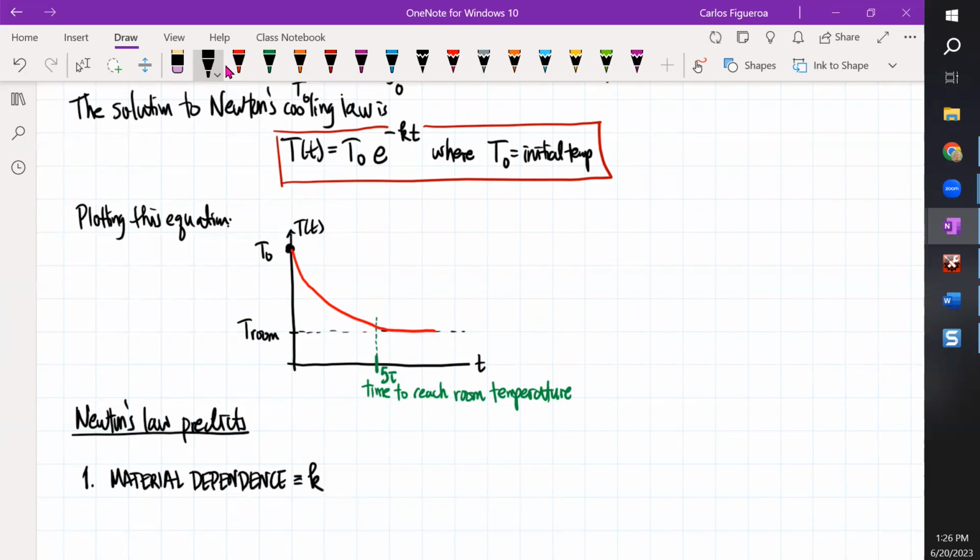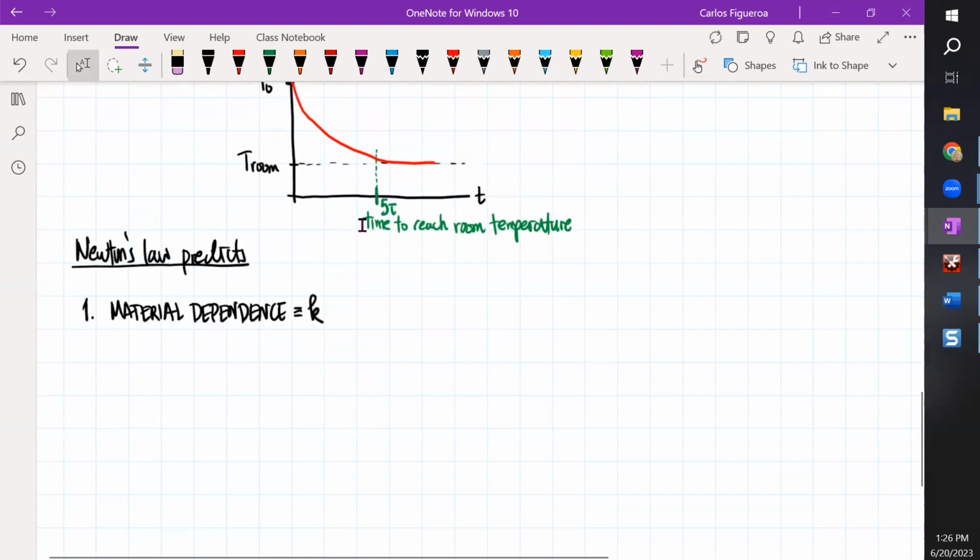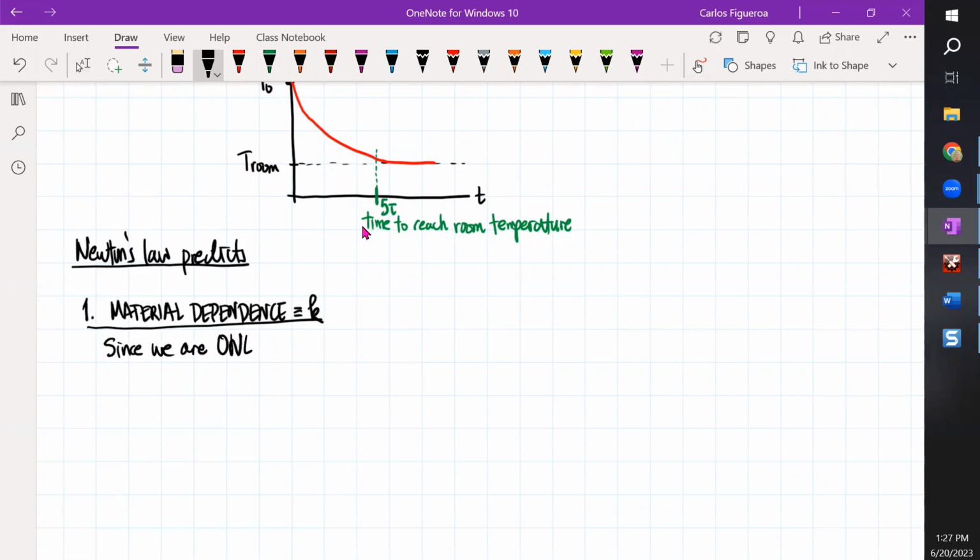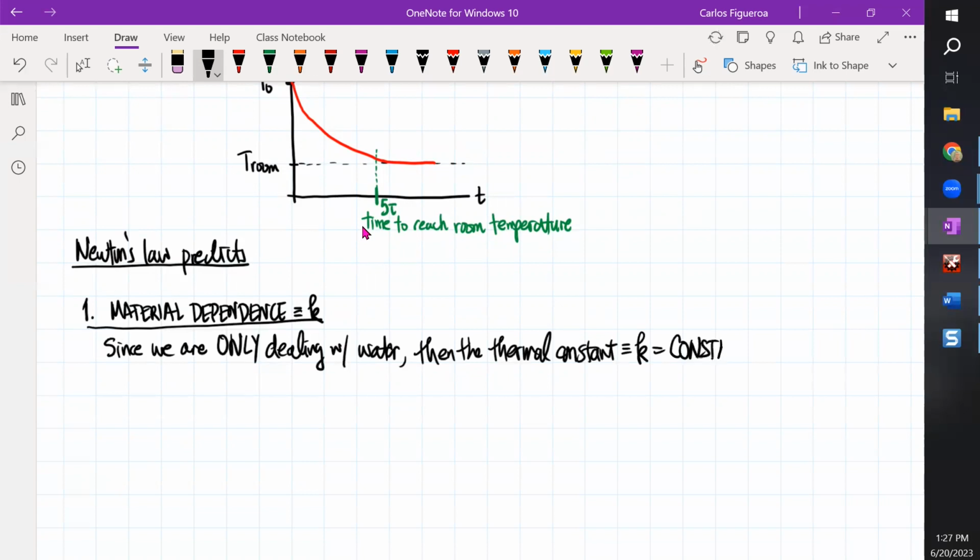So I could say the following: since we are only dealing with water, then the thermal constant, which we've defined as k here, should be a constant. It should be a constant.